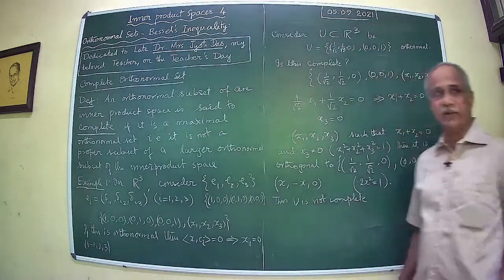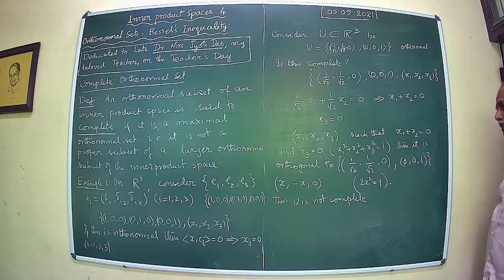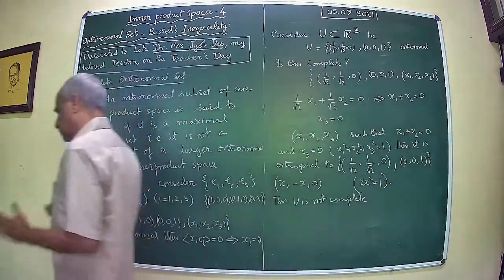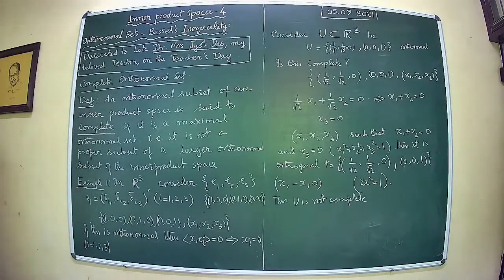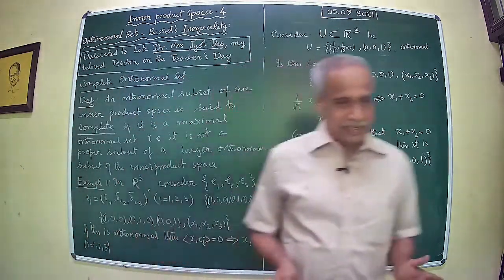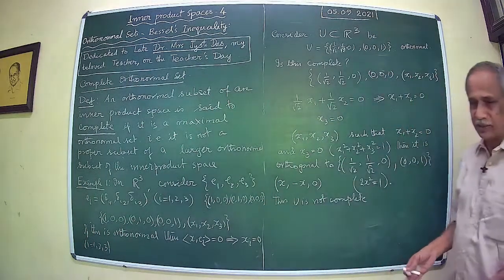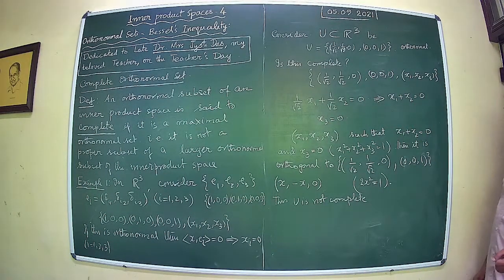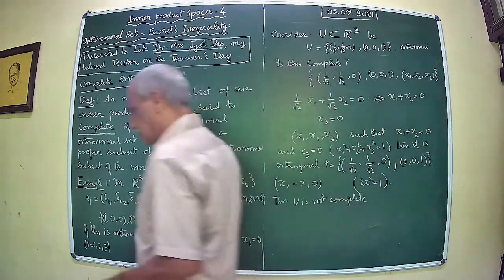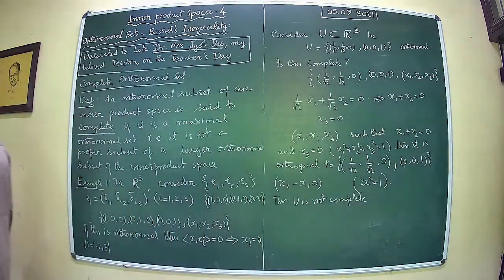Normalization means divide by the norm of each of these functions. Then that collection is an orthonormal set. Is it complete? That needs some work to prove. In fact, it is. That we can prove later.